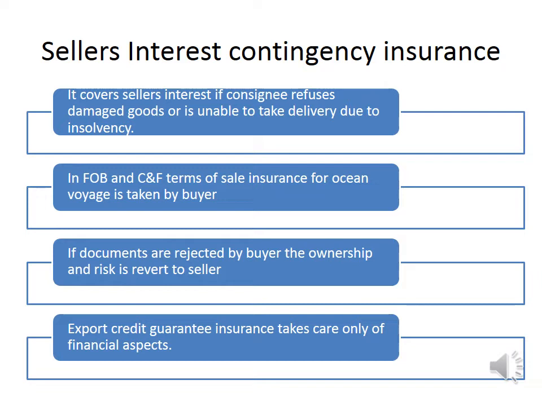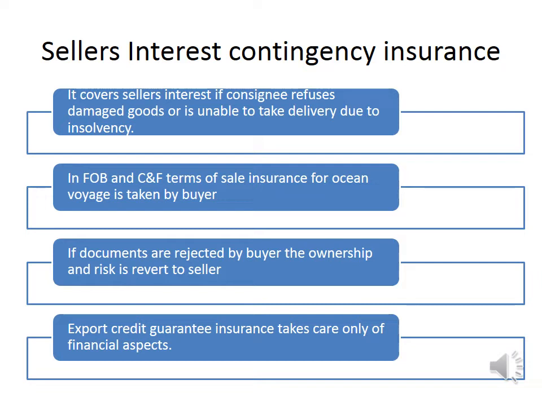But if he forgets, and the vessel sinks and there is no coverage, the buyer also refuses to pay the seller because there is no insurance. Then the seller's contingency policy will take care, because the title of goods has changed. There is no direct insurable interest, but there is a contingent insurable interest which is covered under the policy.